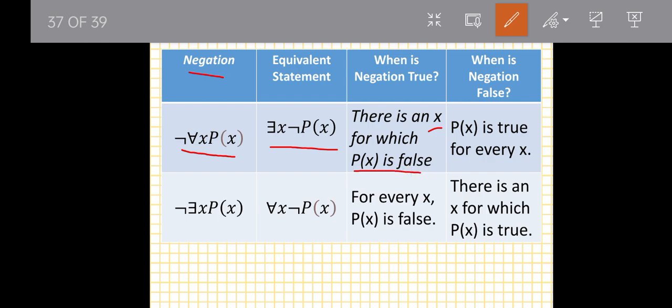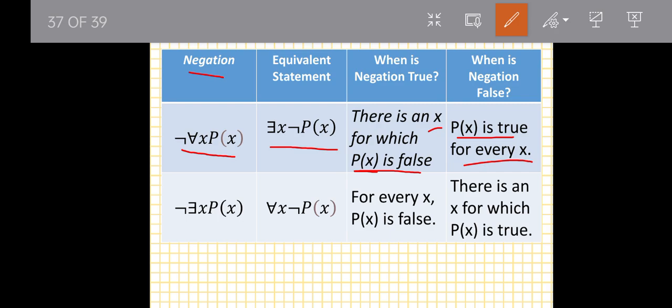Meaning, if we plug in an X into our given P of X and it turns out false, then the negation of our for all X, P of X is true. It is false only when P of X is true for every X that we input.